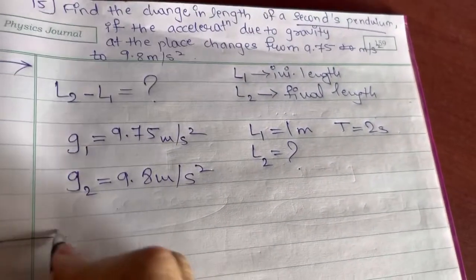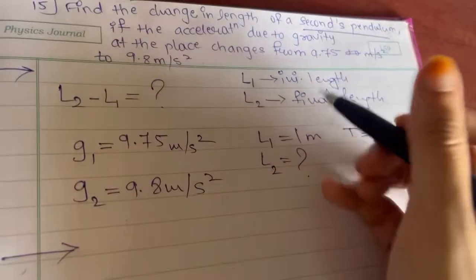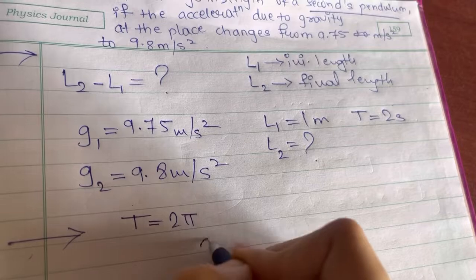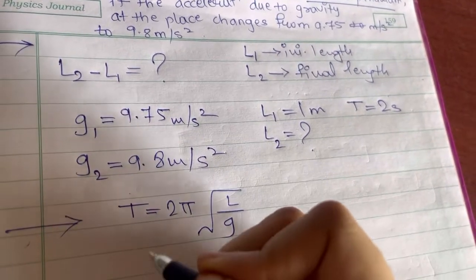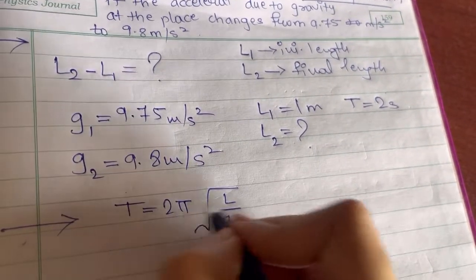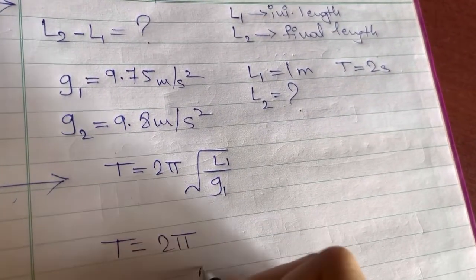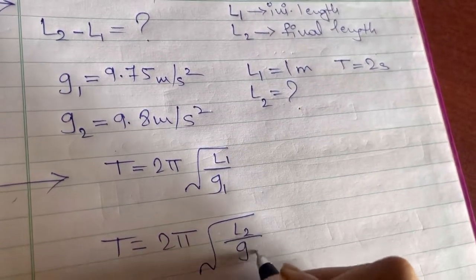Now we will directly go to the formula for time period of seconds pendulum or simple pendulum, that is T is equal to 2 pi root L upon G. This is the formula. Now here we can have two formulas, 2 pi root L1 upon G1, and 2 pi root L2 upon G2.